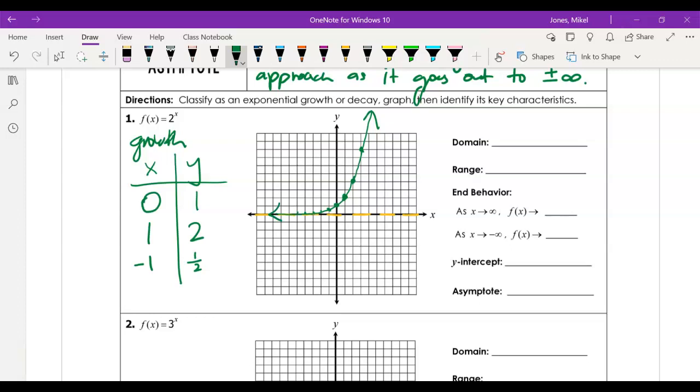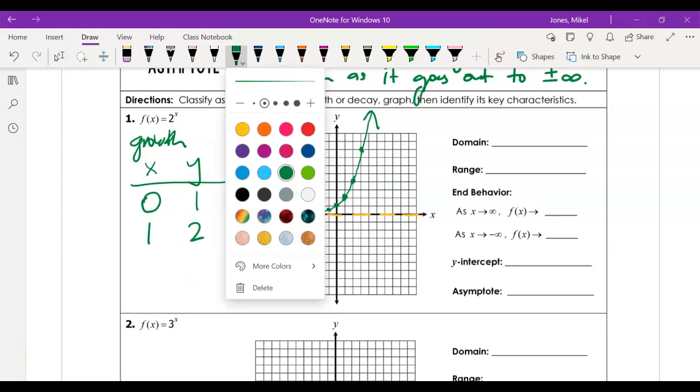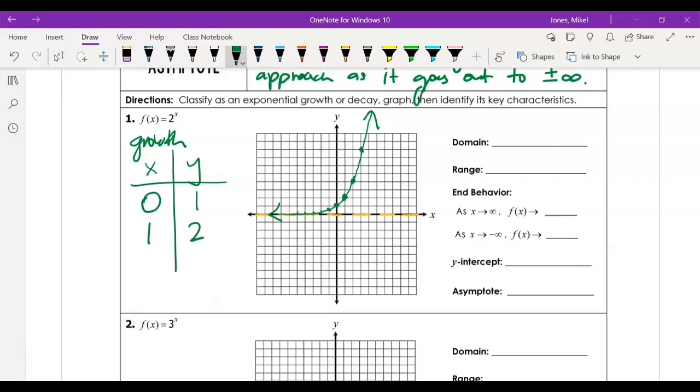There are 3 key features to this parent function graph: the point you get when you plug in 0, the point you get when you plug in 1, and your horizontal asymptote, which is y equals 0.